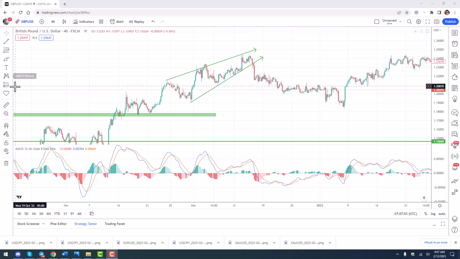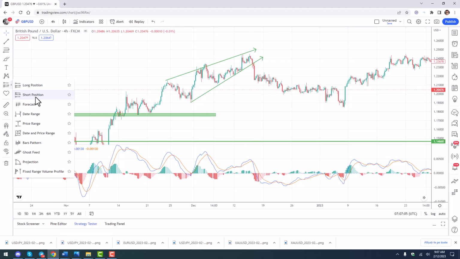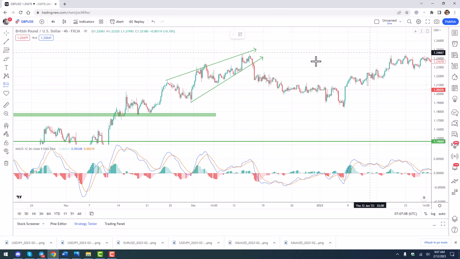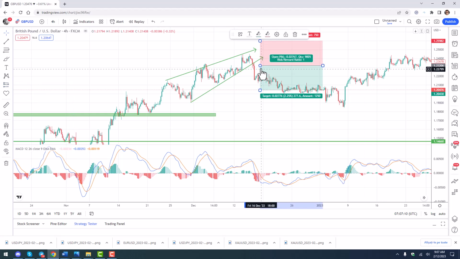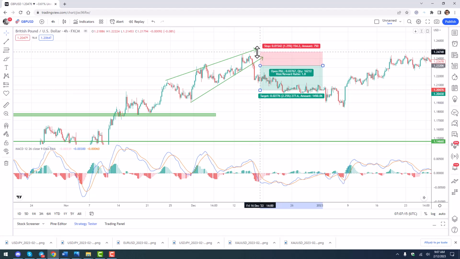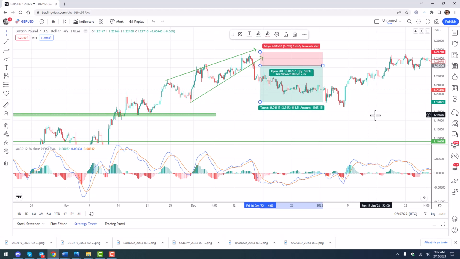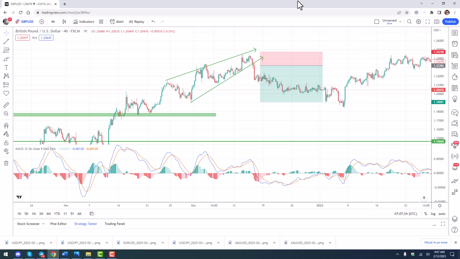Of course, the confirmation comes from the price, and a break under this level of support, we set a stop loss above these highs and a take profit in this point. And as we can see, for a correction, we also have a very good risk reward of 1 to more than 1 to 2, 1 to 2.6 in this case.